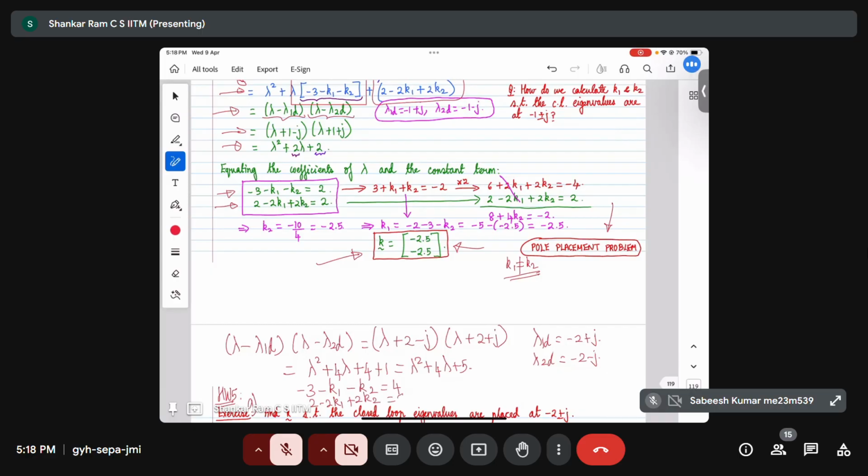Please solve for k1 and k2. That is your homework. Now you will get values of k1 and k2. Is it clear how you do it? Any questions? If we get any question, we'll get back to you.